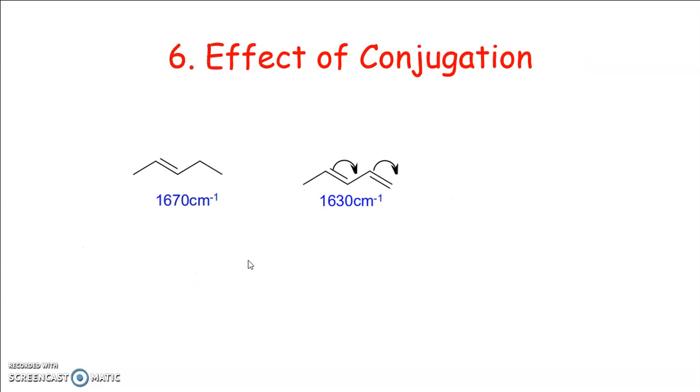The conjugation also has an effect on the IR band. Conjugation of a double bond provides single bond character through resonance, which lowers the frequency of vibration. Here, the carbon-carbon double bond gives the absorption band at 1670 cm inverse, but the conjugation decreases the frequency towards 1630 cm inverse.